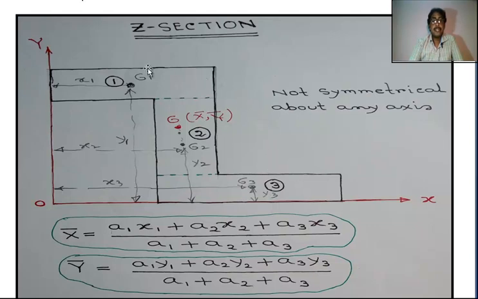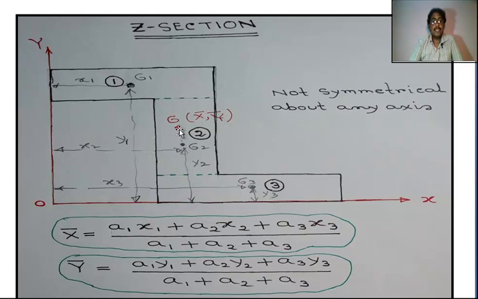Now total Z section is this section number 2, number 1 and number 3. Here we find out both x bar and y bar. X bar means distance of CG of total section from y-axis.